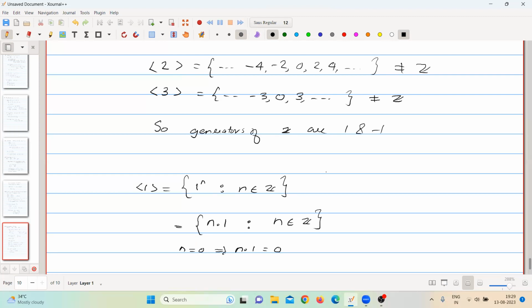So in that case, 0 belongs to the generator of 1. Okay, ma'am.